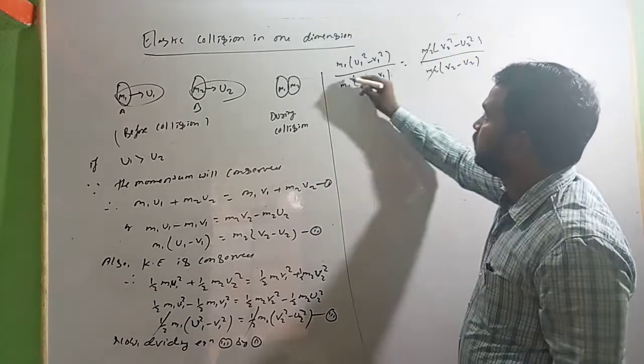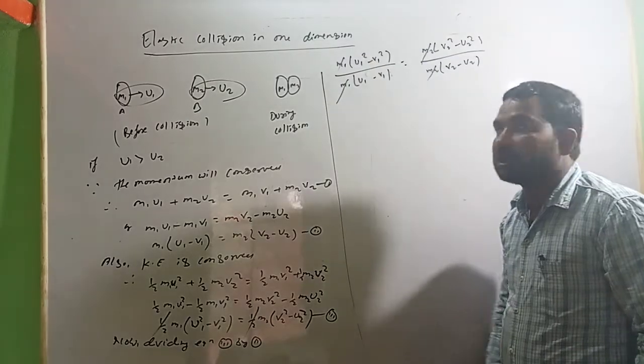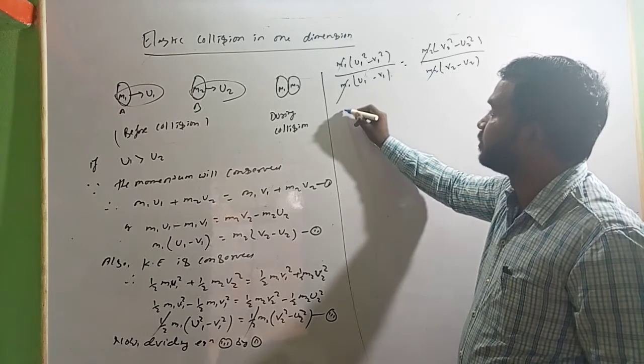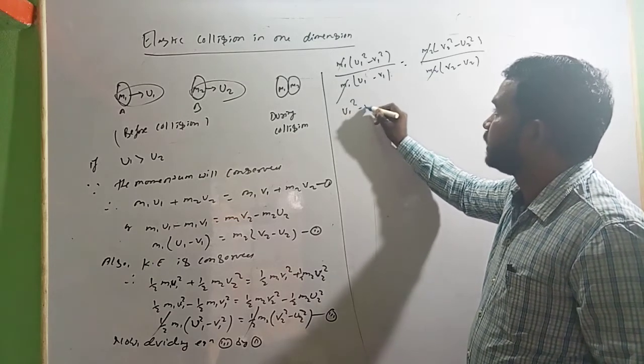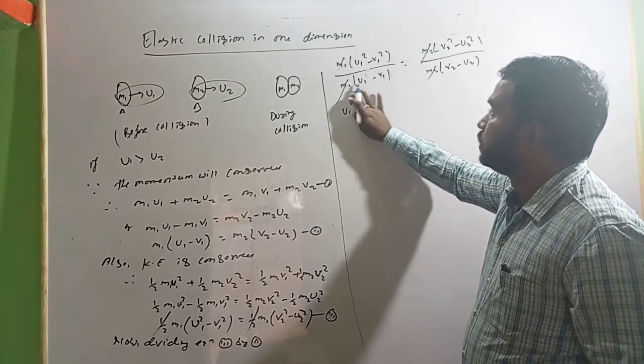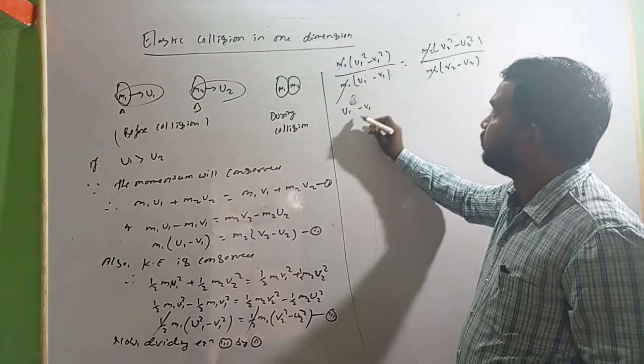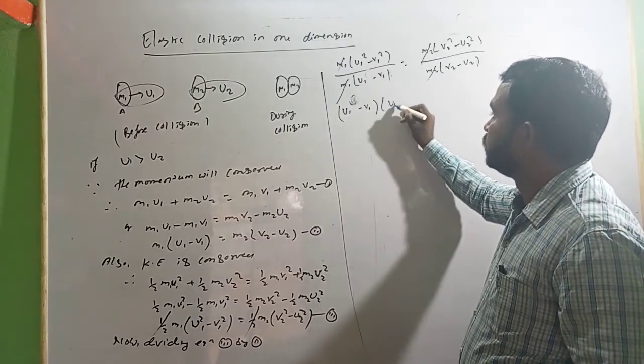Now m2 and m2 cancel out, and m1 and m1 cancel out, and this you can break, students. So you write u1 minus v1 into u1 plus v1.